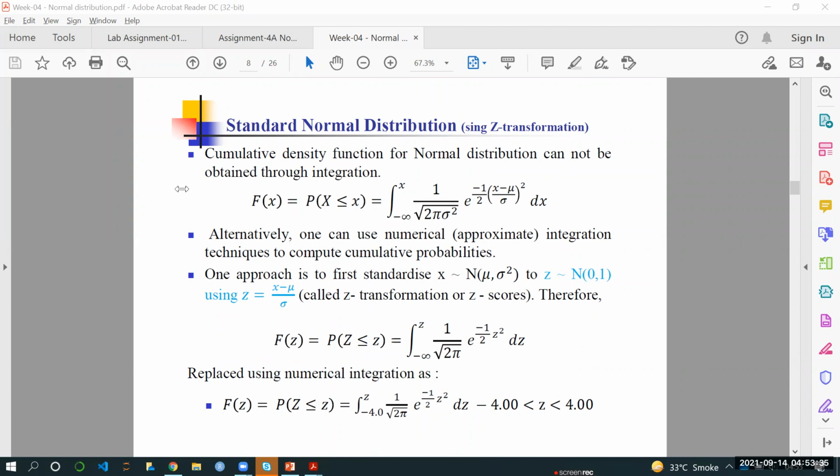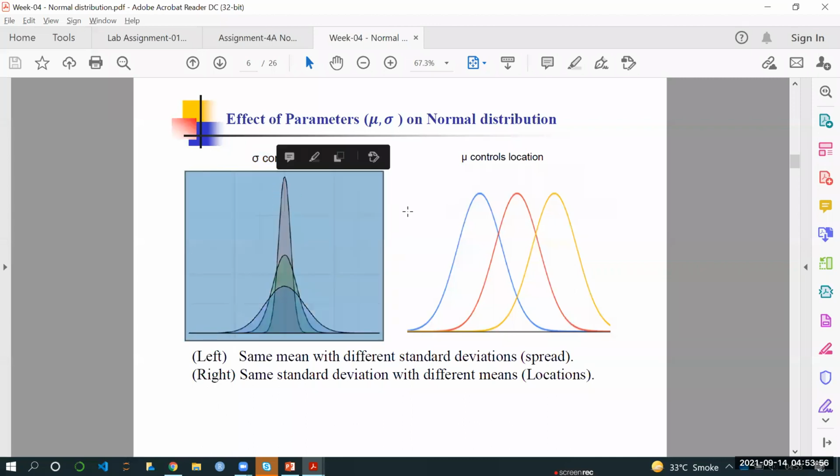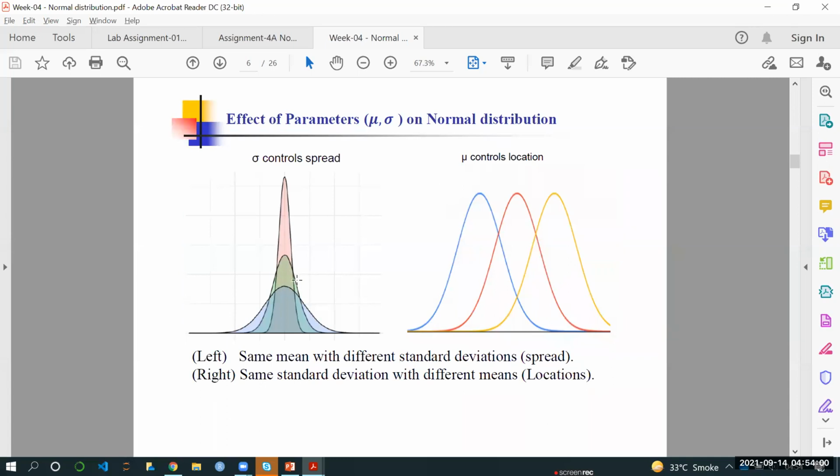Standard normal distribution. One thing you notice in the normal distribution: if I change the standard deviation, I get different shapes. If I change mu, the mean parameter, the distribution changes again. If I change both mu and sigma, you will see many different shapes, some higher, some more vertical, some moving left and right.